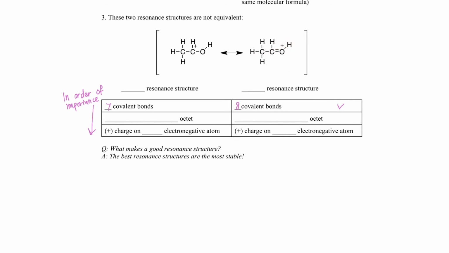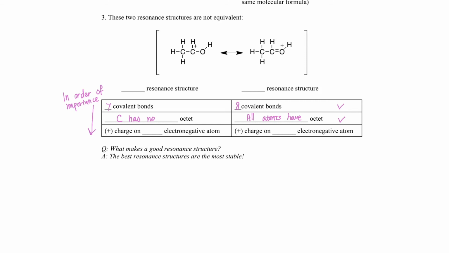So let's write that down. Carbon here does not have octet. All atoms have octet. And so far, we're going to put a check mark again on the structure on the right.